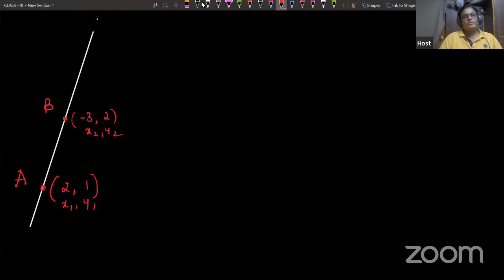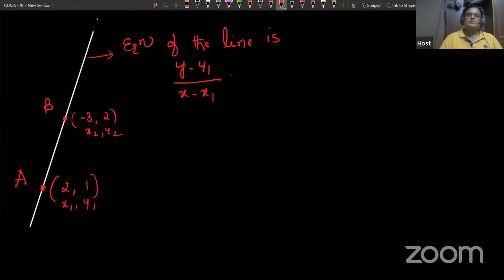So to find the equation of the line, whenever it is passing through two given points, you can apply this formula: (y minus y1) upon (y2 minus y1) is equal to (x minus x1) upon (x2 minus x1).